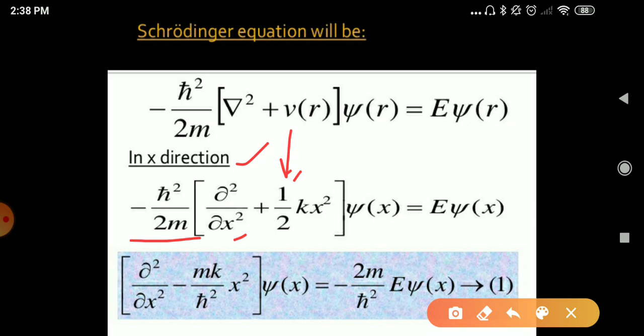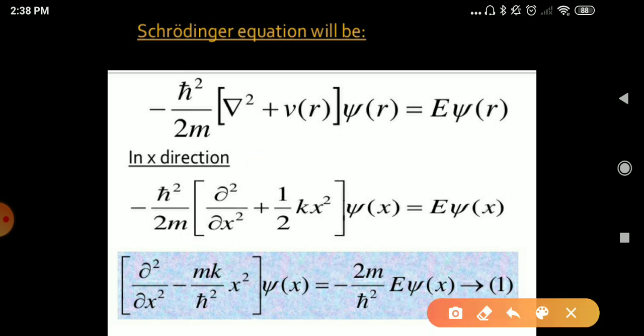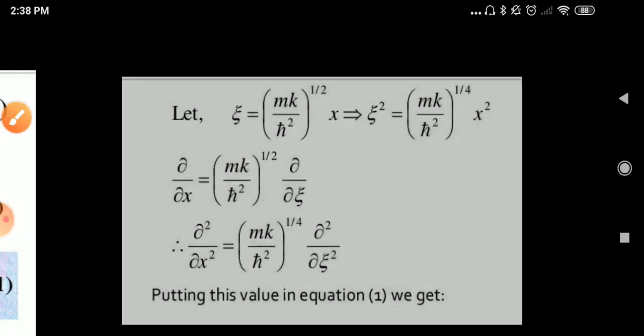Now if we move this function to this side, we will get del square by del x square psi(x) minus mk by h square x square psi(x) equals minus 2m by h square E psi(x). This is equation 1.